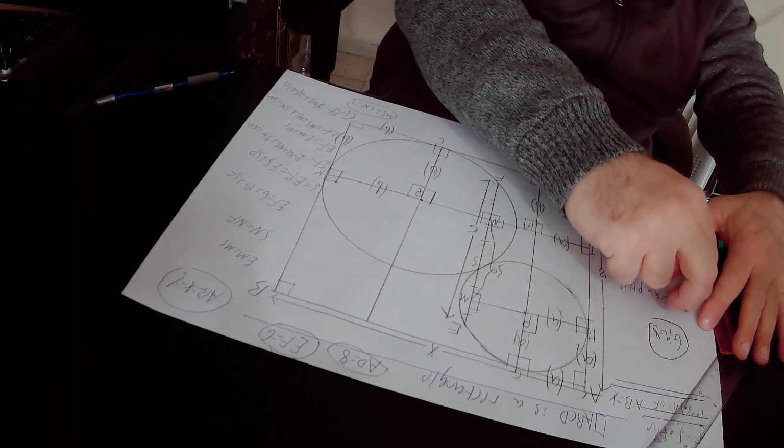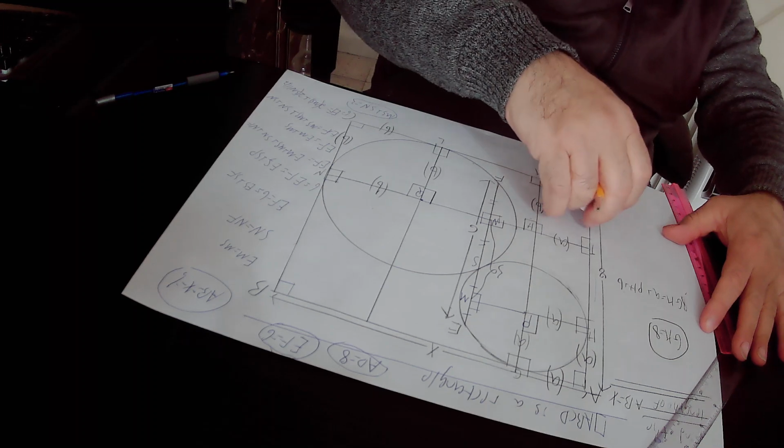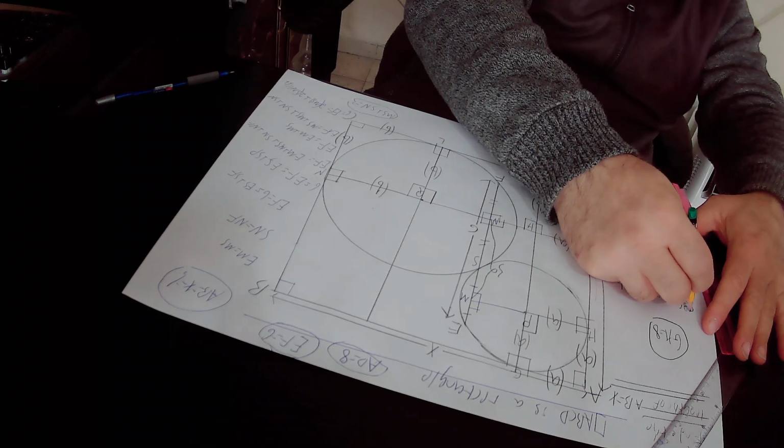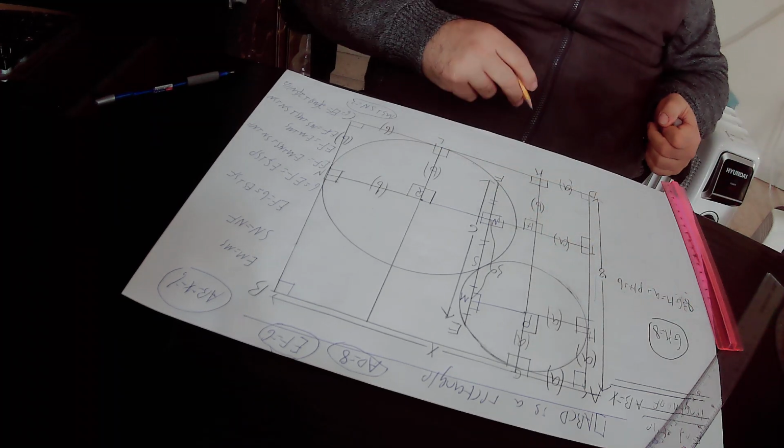Okay, GK is equal to 8, which equals A plus B plus PH.